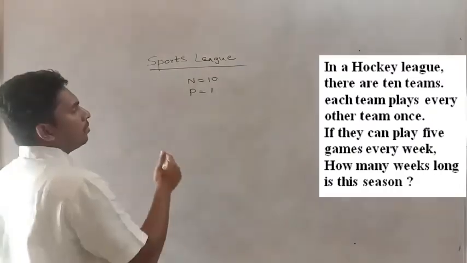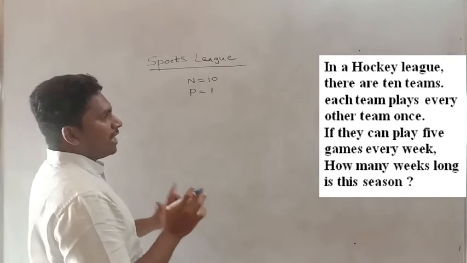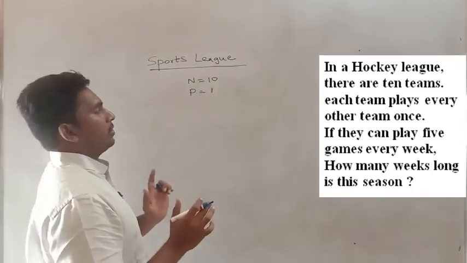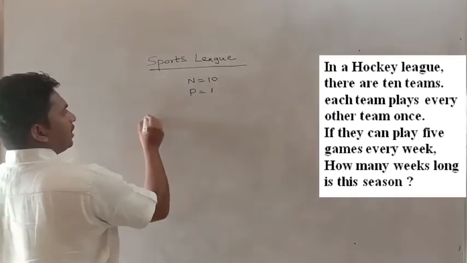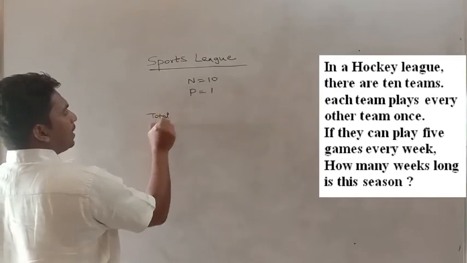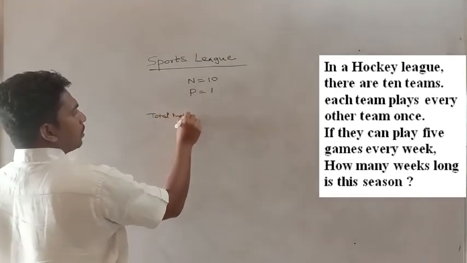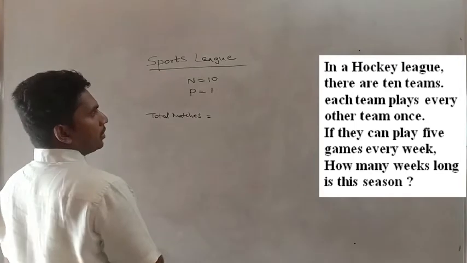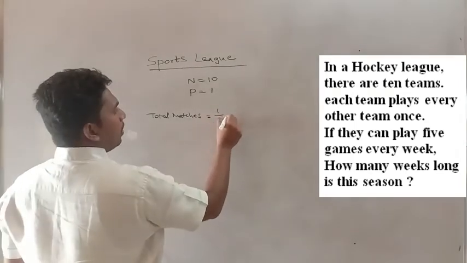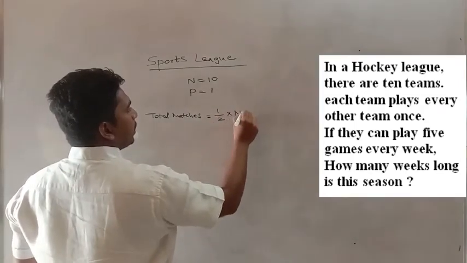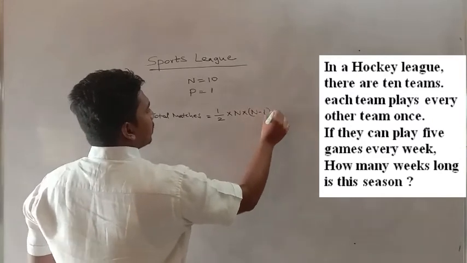First of all you have to find the total number of matches. The formula is half into n into n minus 1 into p.